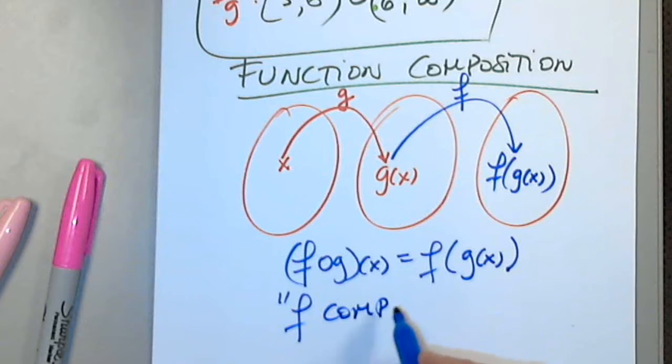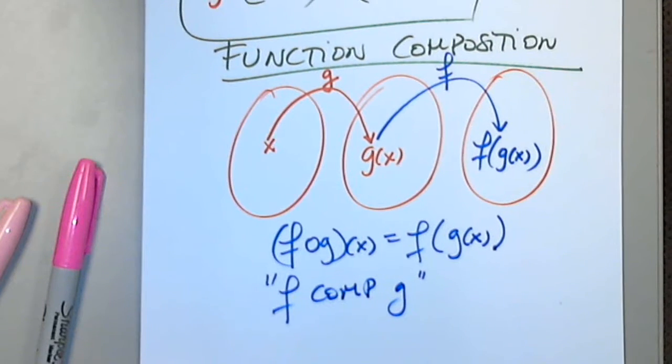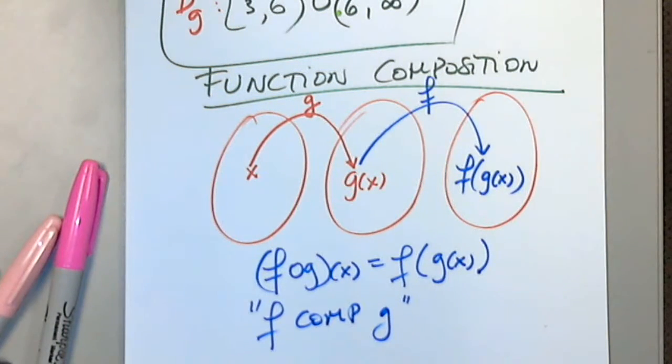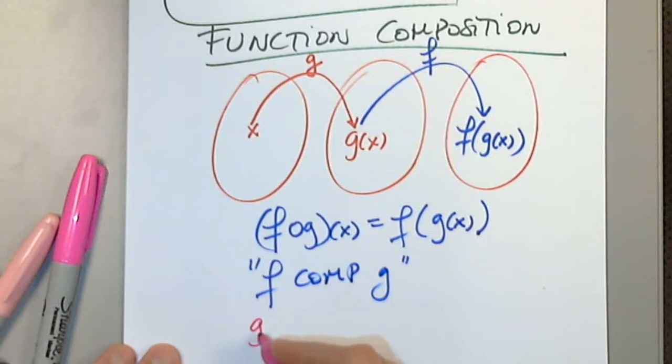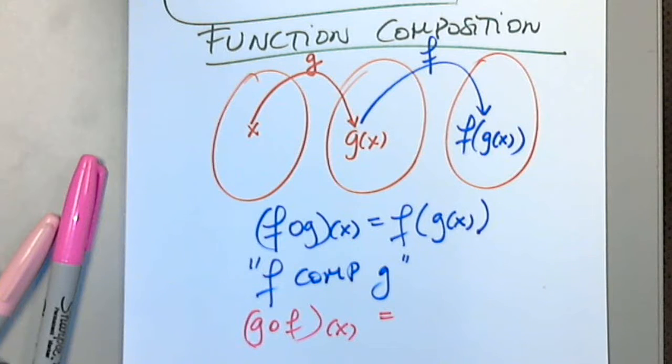And this is how we read it. F comp g. Notice that it's a totally different mechanism. It has nothing to do with addition, subtraction, multiplication, and division. Now, can I create g comp f? Yes, I can. Can anyone give us what this means? What is the definition?